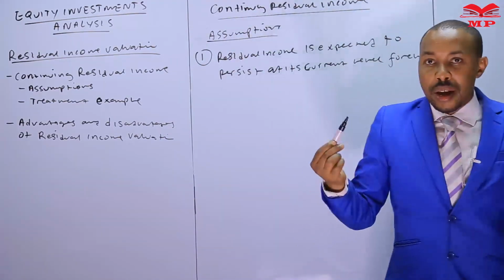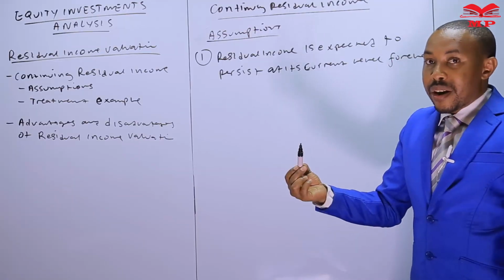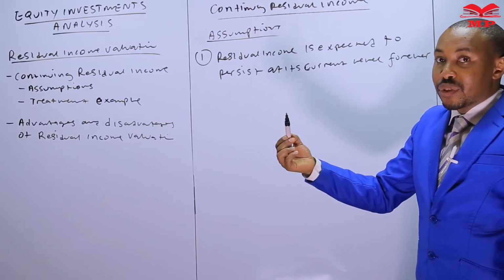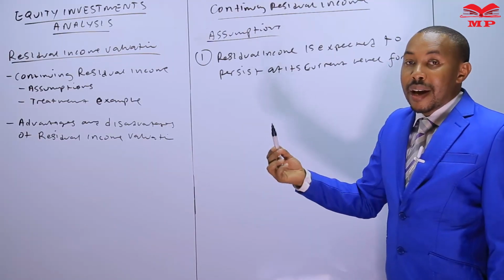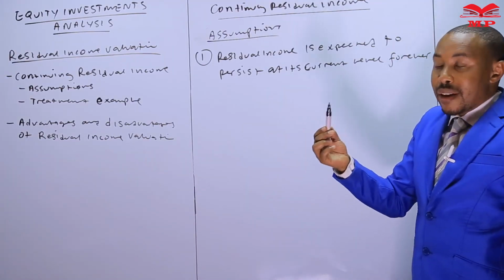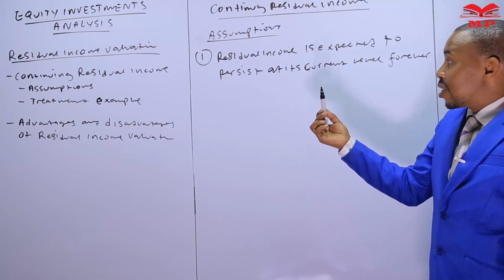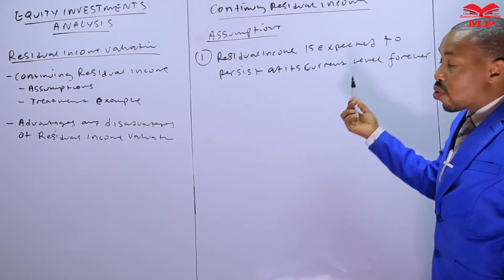So if we try and estimate the present value of future residual income, the assumption is that there will be what we call a persistence factor. A persistence factor will mean that the present value of future residual income will be equal to 1.